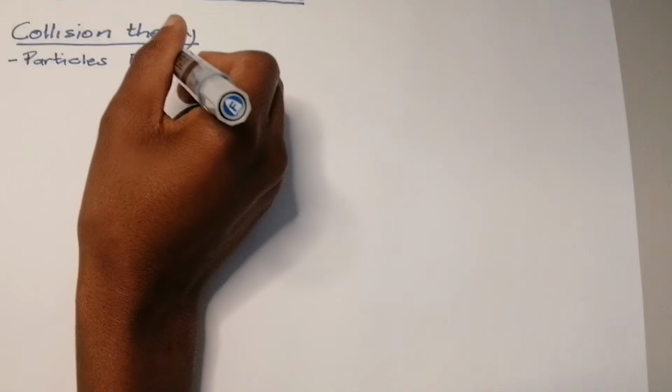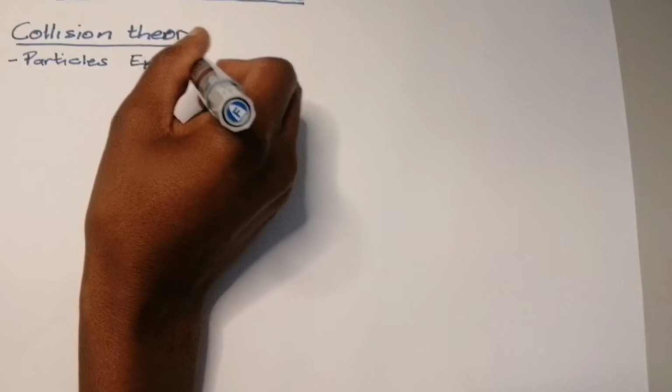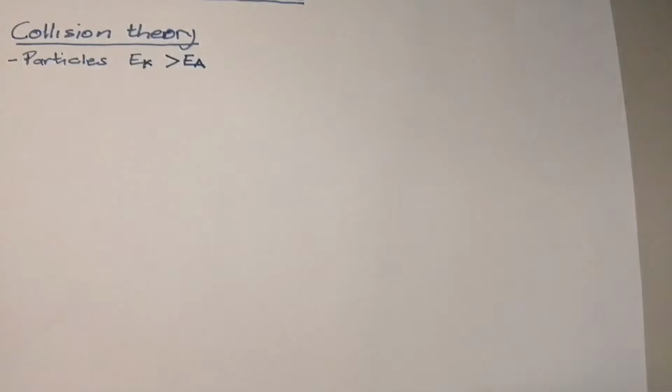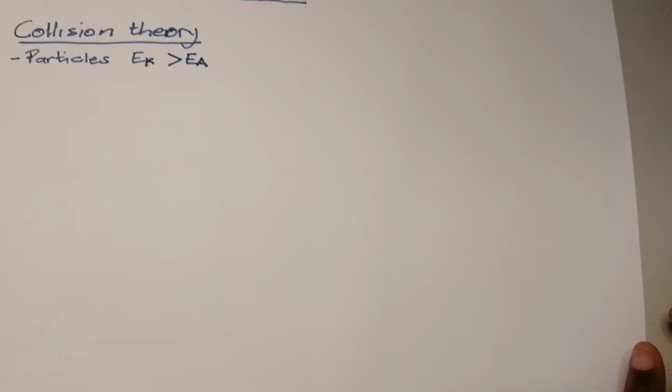It means that kinetic energy must be greater than what we call the activation energy. Now, what is the activation energy? That's the minimum energy required in order for a product to be formed, in simple terms. So that's the minimum energy required in order for a reaction to take place.